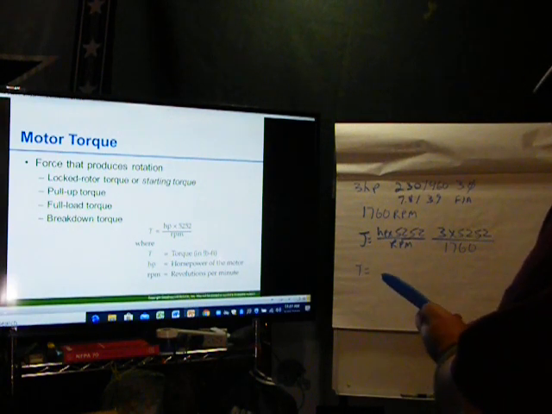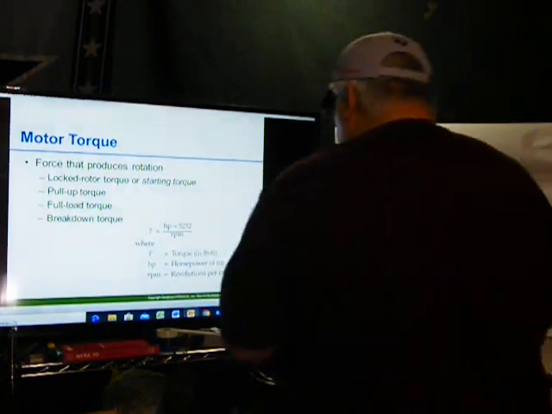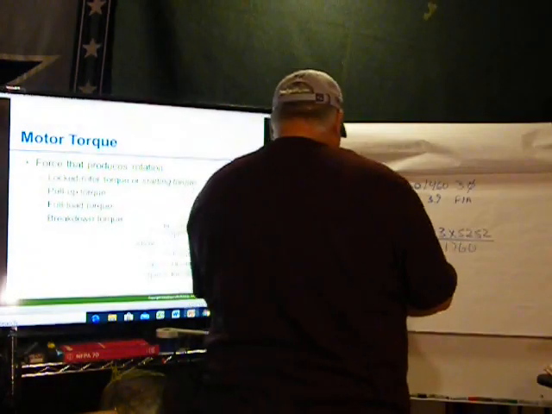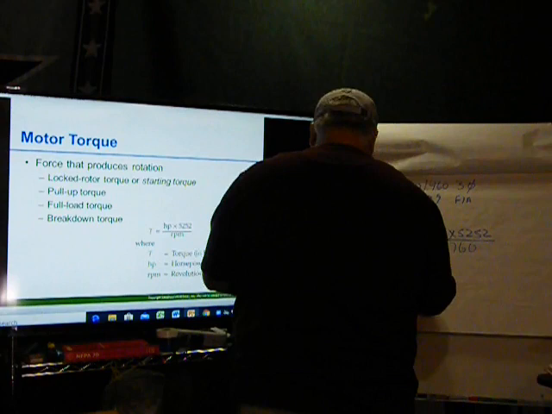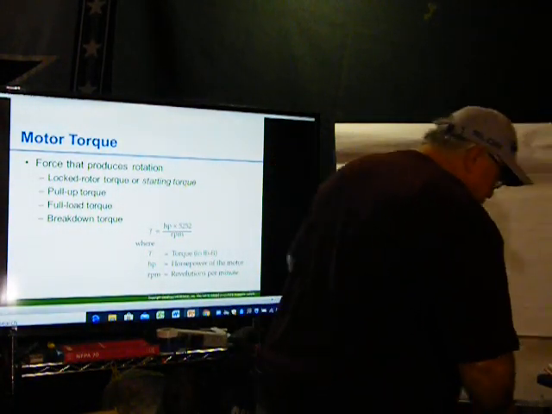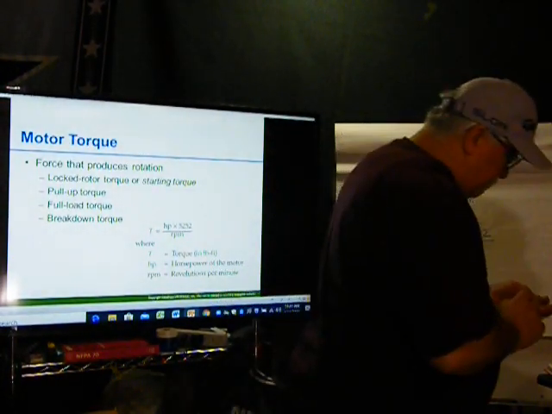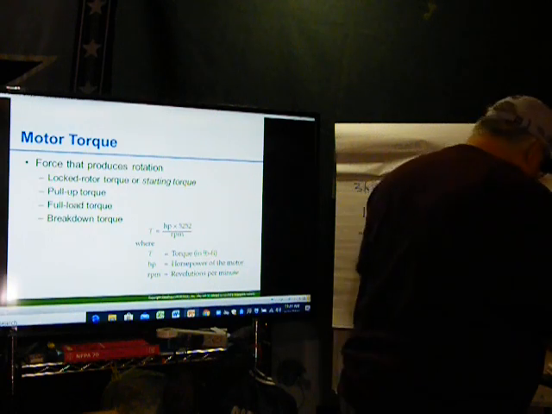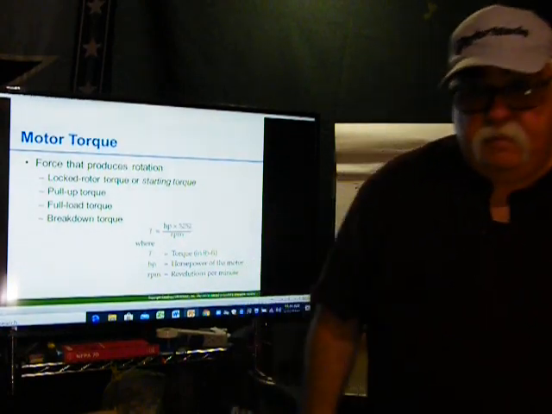So 3 times 5252 divided by 1760 equals 8.95. So, producing 9 pounds of torque. Okay, so it's producing 9 pounds of torque.